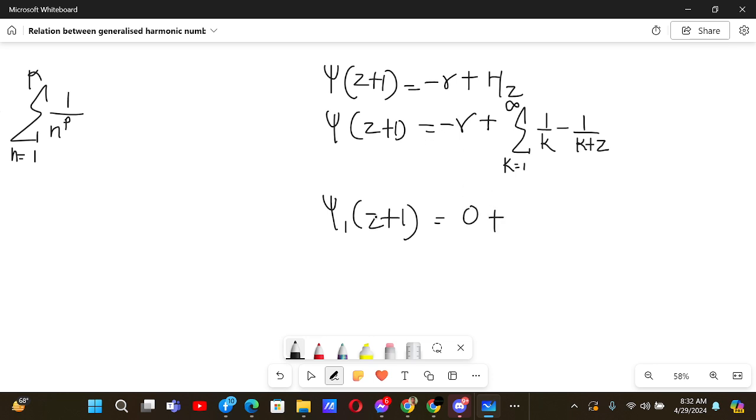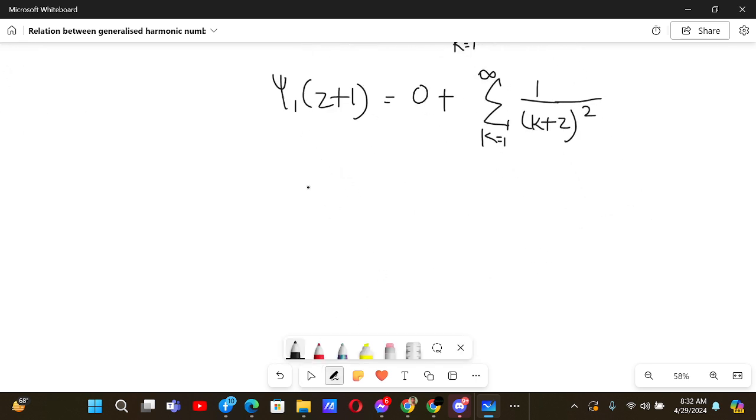Over here also, since the derivative is with respect to g, 1 by k is just a constant, and over here we need to do the derivative. We have the sum from k equals 1 to infinity, and this will just be 1 by k plus g whole squared.